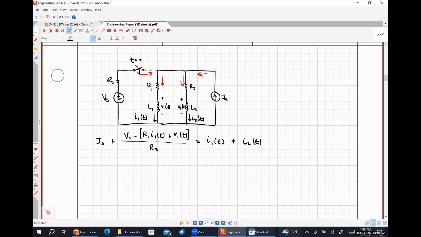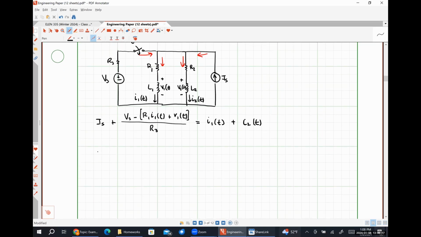So let's do a bit of rearranging here. I'm going to isolate I2 by itself because that seems like it's going to be pretty easy to do.